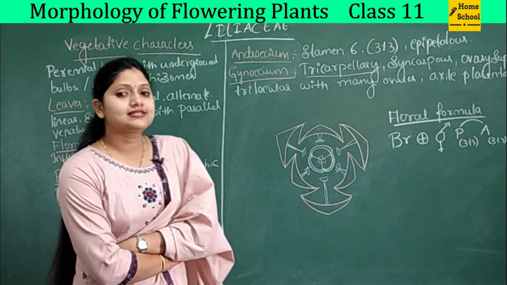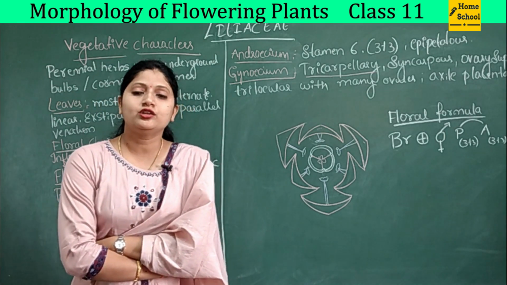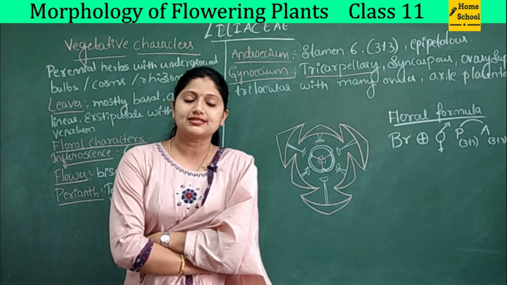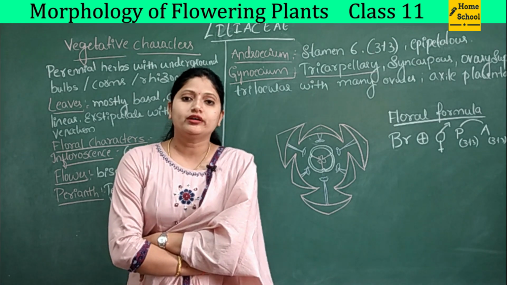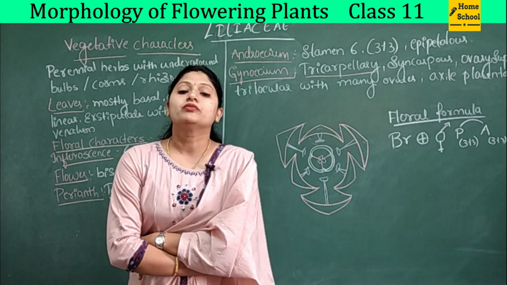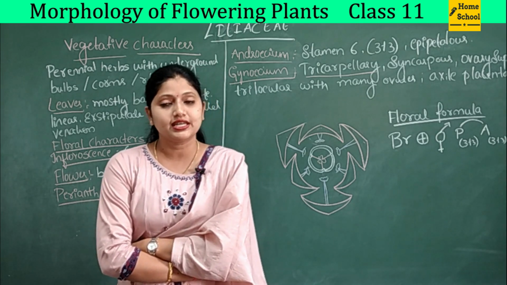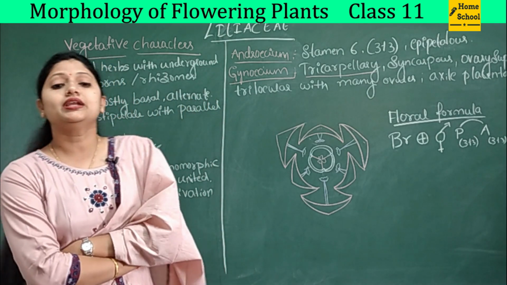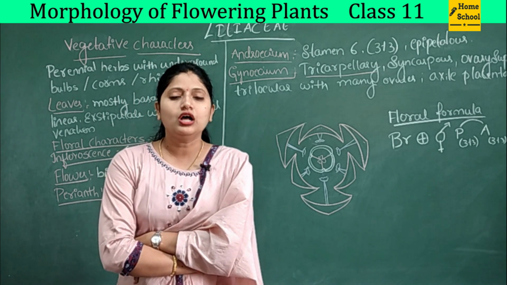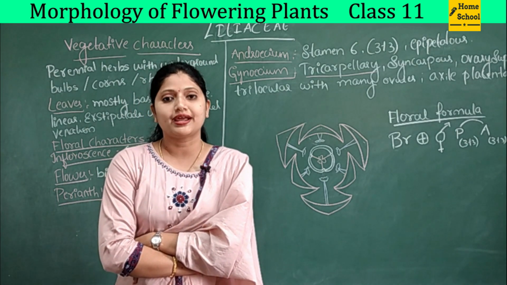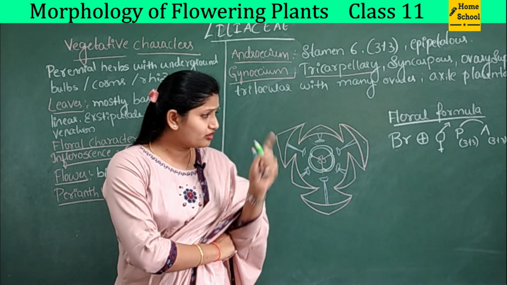So since these three are there in your NCERT, that is the Solanaceae, Liliaceae and the Fabaceae, these 3 are very important. Actually, you have to remember the floral formula as well as the floral diagrams of these 3 families. Fine. As well as please remember all the symbols which are used to write the floral formula.